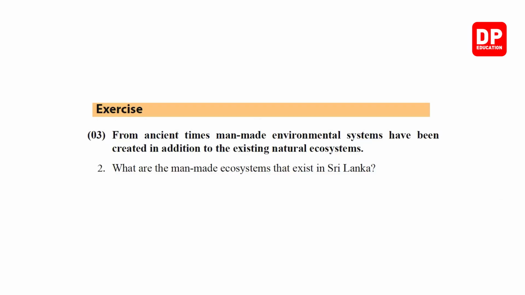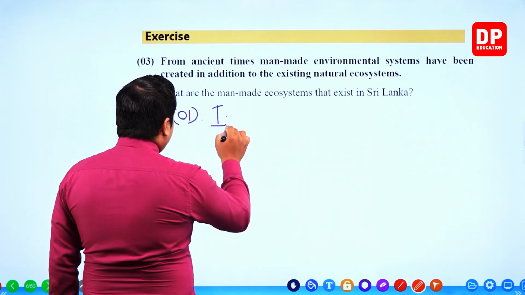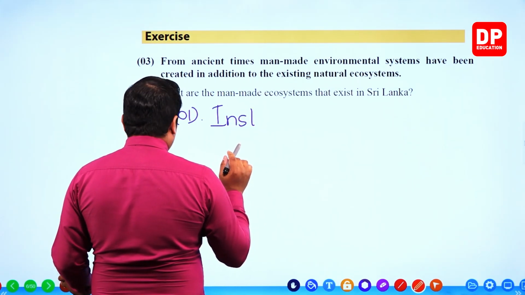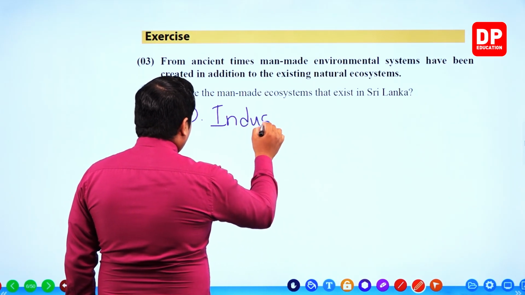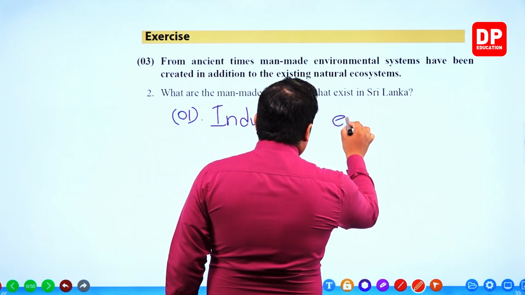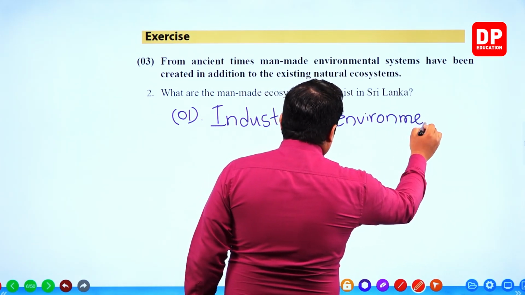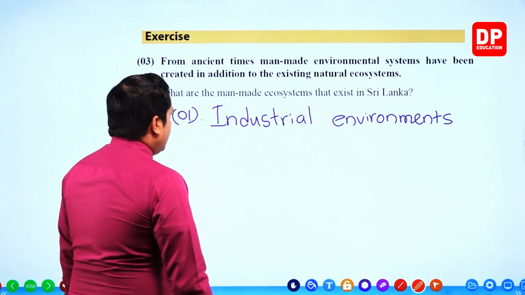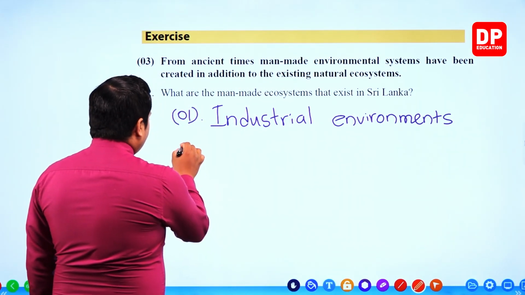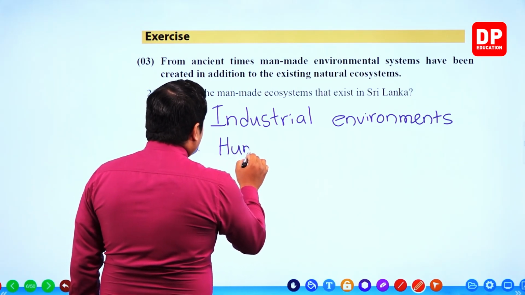Then the next question. What are the man-made ecosystems that exist in Sri Lanka? Man-made ecosystems that exist in Sri Lanka are number 1, industrial environments. Number 2, human settlements.